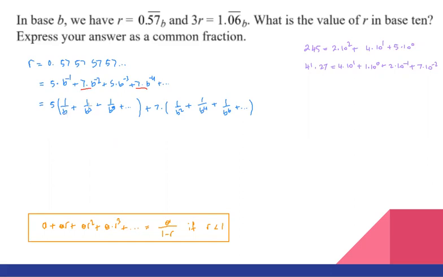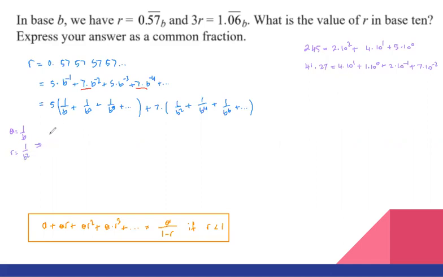And the second thing, when you look at these terms, this is my first term, this is the second term. If you multiply the first by 1 over b squared, you get this one. And if you multiply this one by 1 over b squared, you get the next one, which means our first term in that parenthesis is 1 over b, and the common ratio is 1 over b squared.